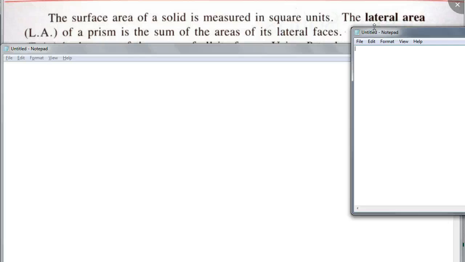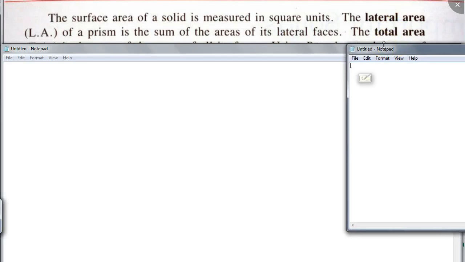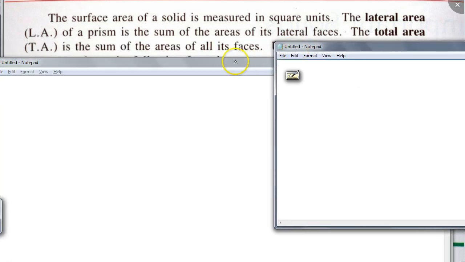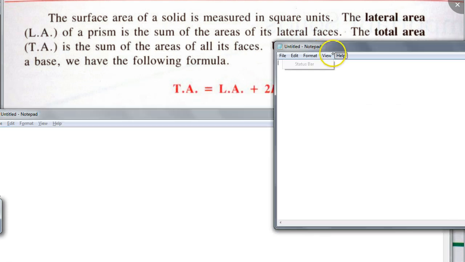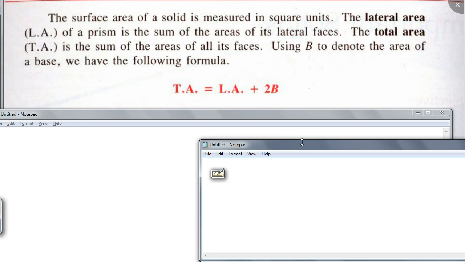Katie, what do you think we mean by total area of a prism? The lateral area plus the area of each of the bases. Exactly right. So total area is the same thing as lateral area, but you add the bases. Here's a simple formula. Remember, what do we know about the 2 bases of the prism?